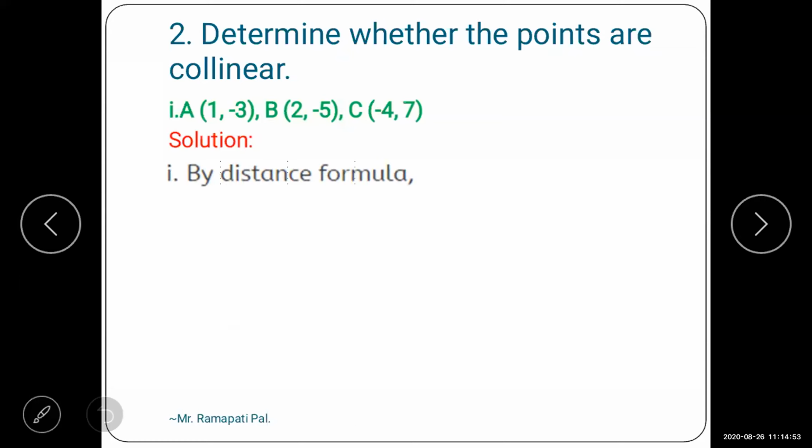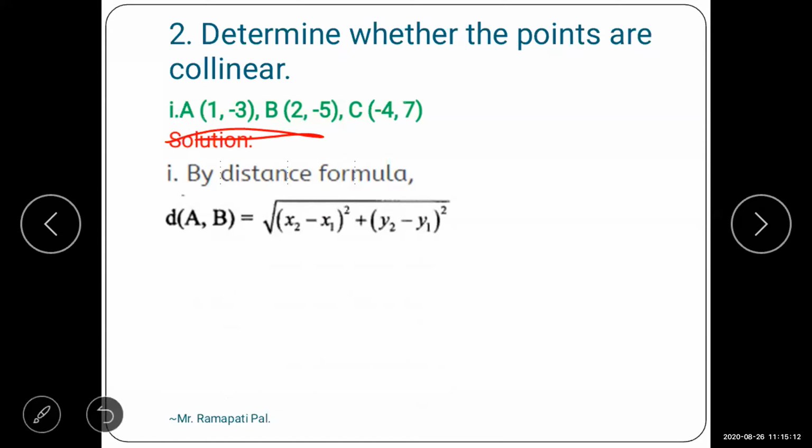By using the distance formula, distance AB is equal to root of (x2 minus x1) whole square plus (y2 minus y1) whole square. Is it clear? So from A and B, x2 is 2, x1 is 1, y2 is minus 5, y1 is minus 3. Correct?